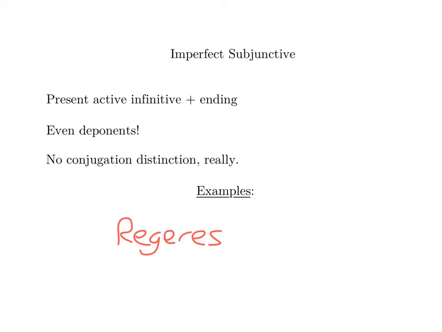There it is. Regeres. Yeah, that was it. All right, so let's make it passive in third person. Why not? So we see regere. How about regeretur? Done. Passive and third person now. That's all you do. It's the infinitive plus the ending. The conjugations don't really distinguish. You just use the same infinitive.